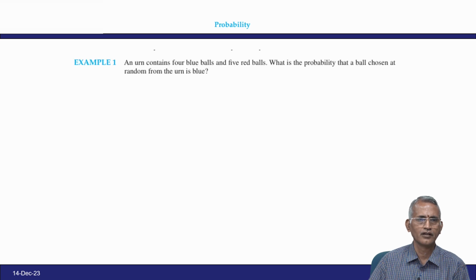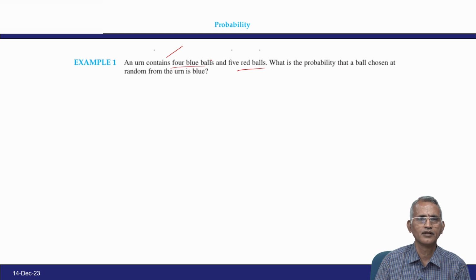Now, we will discuss some more examples. Let us start with example 1. An urn contains 4 blue balls and 5 red balls.